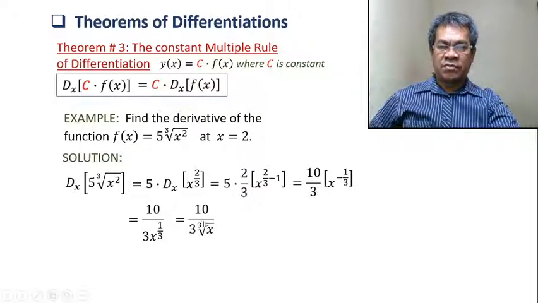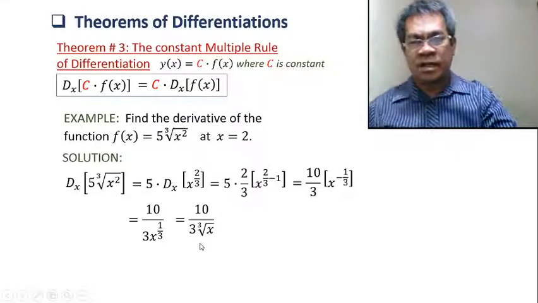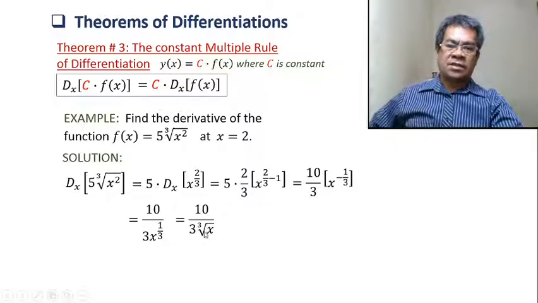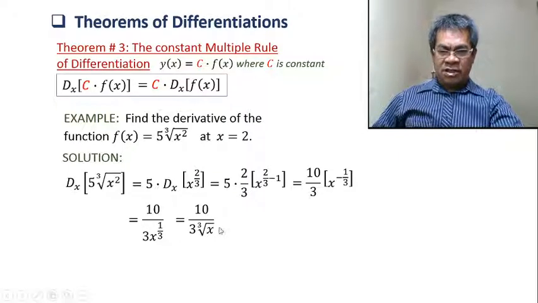So you have to think of a rationalizing factor that can remove the cube root of x. The only way that we can remove this is to multiply it by another radical expression with index 3, and the exponent, remember, is 2.